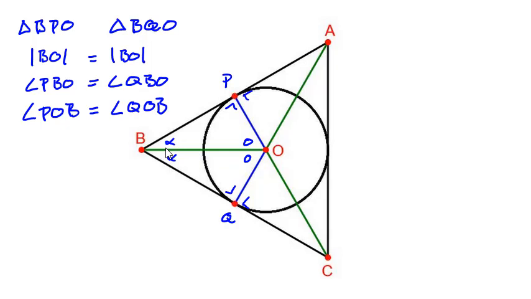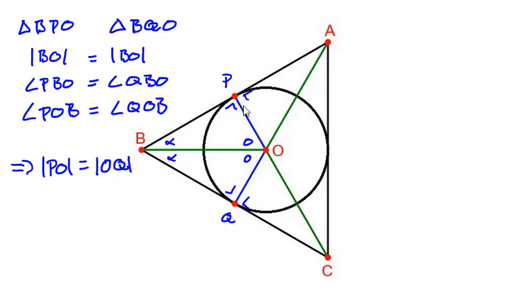And what we have now is two congruent triangles, and they're congruent by angle, side, angle. Because they are congruent, this gives us that the length of the line segment PO is equal to the length of the line segment OQ.